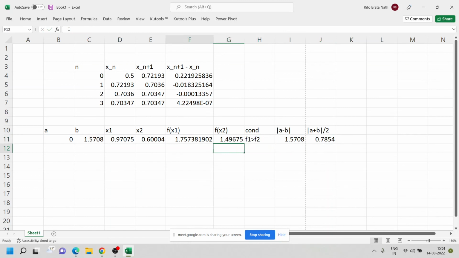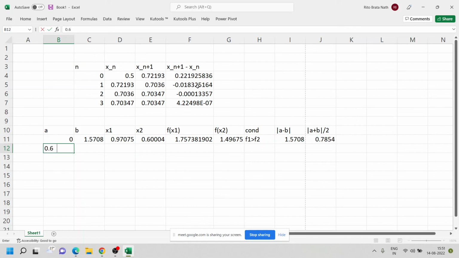Next you will have to revise your A and B accordingly. I think I've written that your A will remain unchanged when your F1 is greater than F2. No, we are solving a maximization problem here, so I think the conditions will reverse. So your A will be changed to X2.